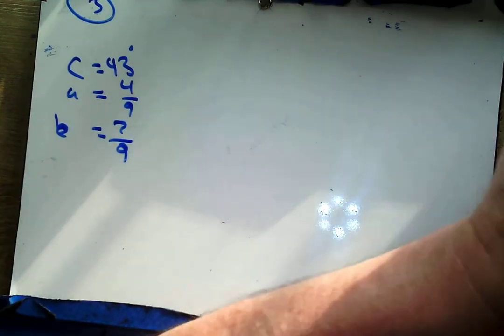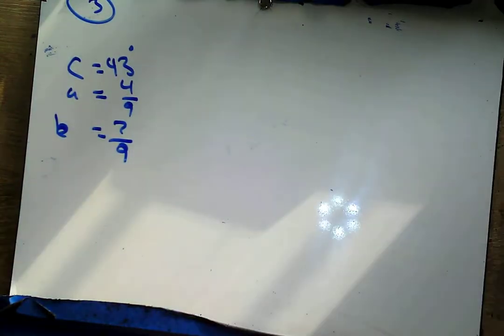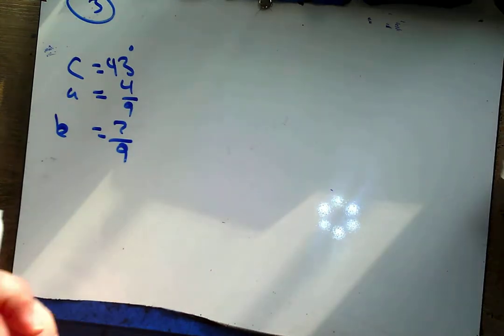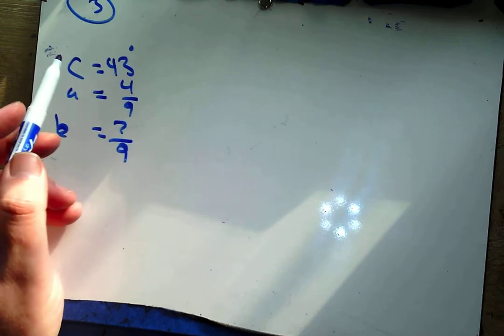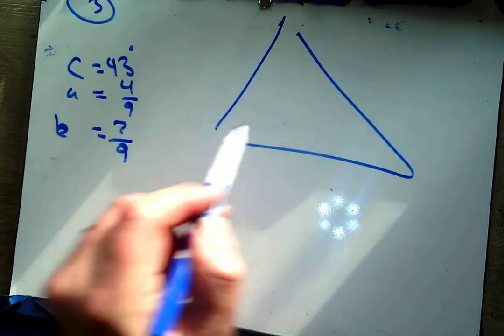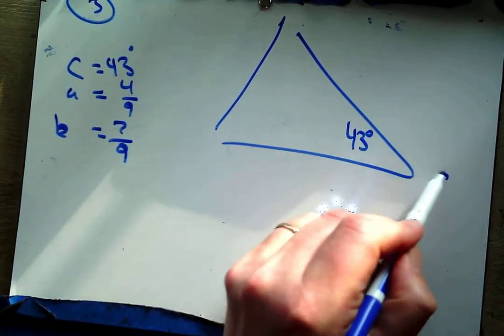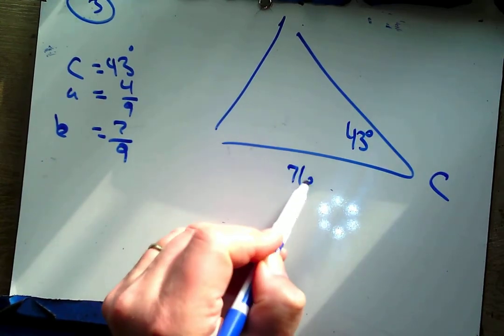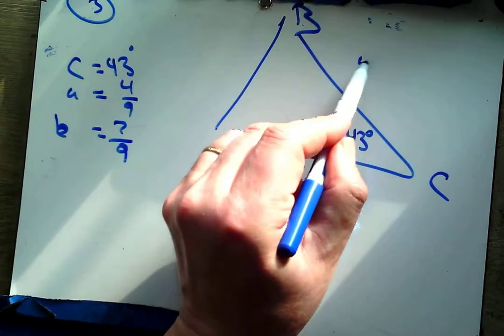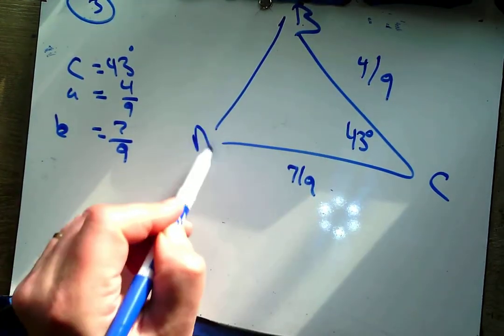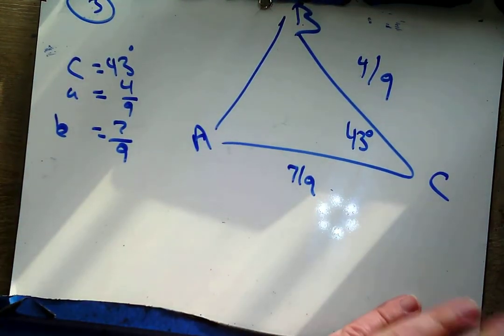So we recall our cosines. I think I'm going to start with 43 degrees for C. Let's go with 7/9, so there's big B, and 4/9 with big A over here.